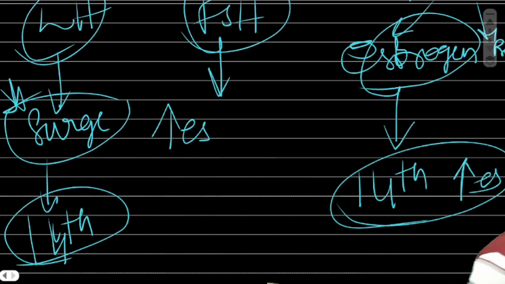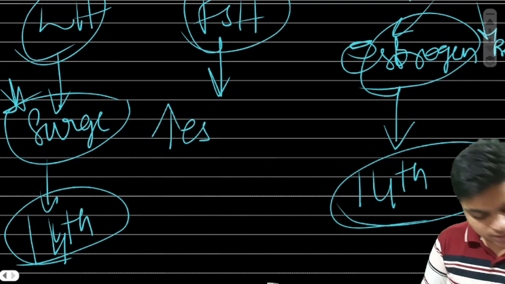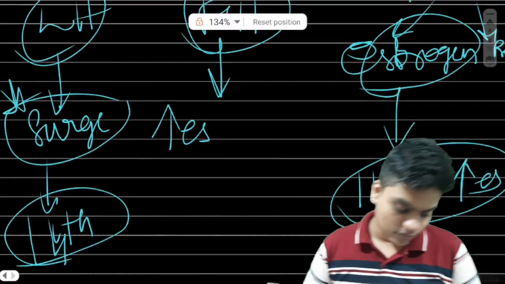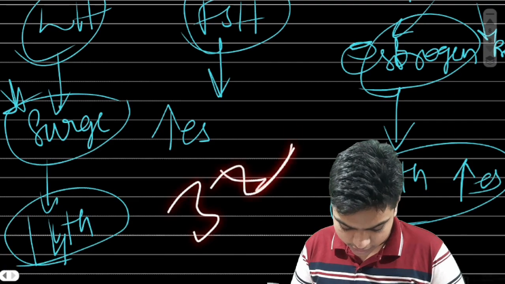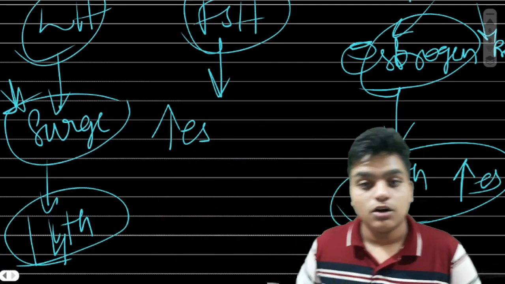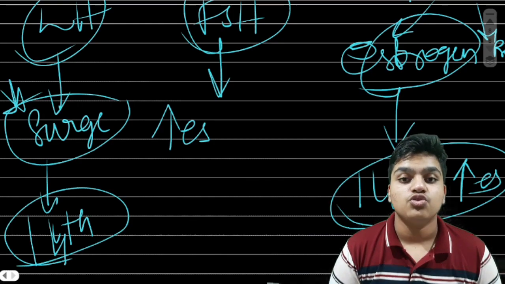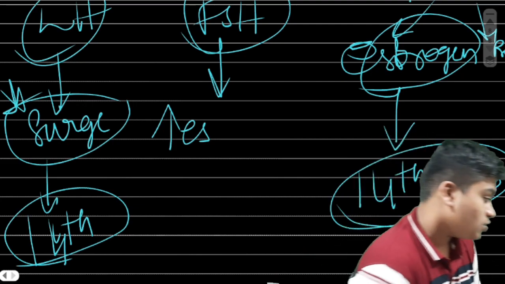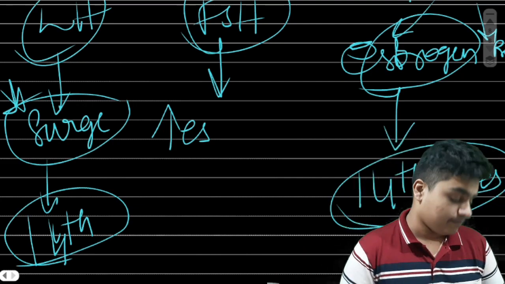Okay, got it? No. Let me try to ask you a question. If the cycle continues for 32 days, LH surge occurs on which day? You have to tell 16th day.